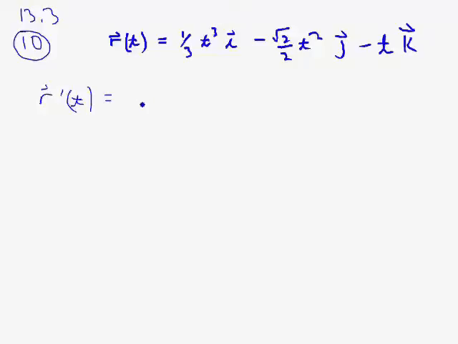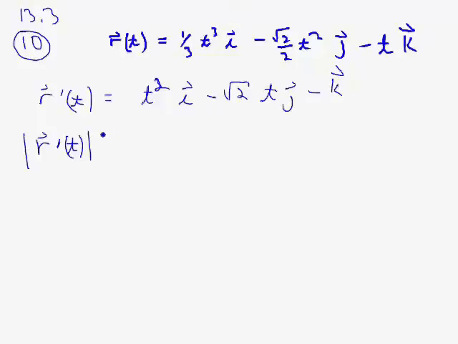is equal to t squared i minus radical 2 tj minus k. And I need the magnitude of r prime of t as well.